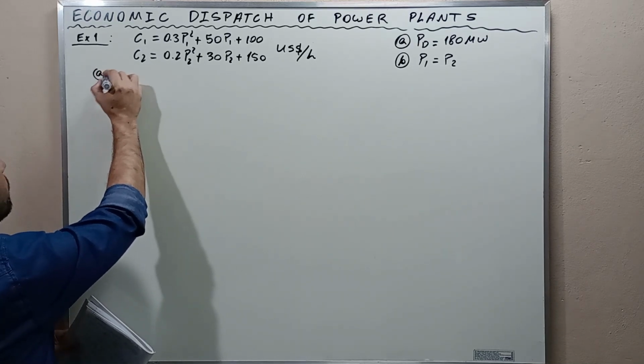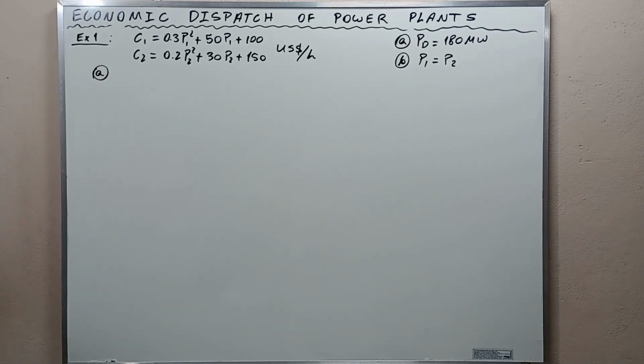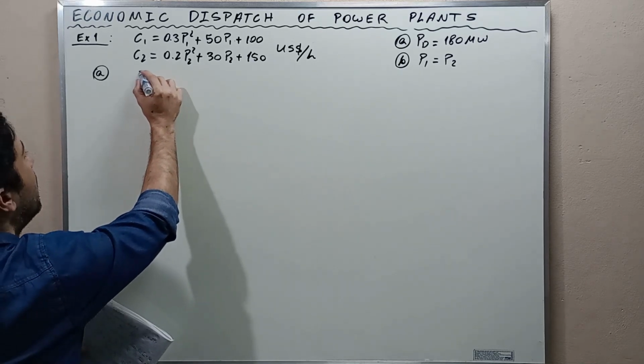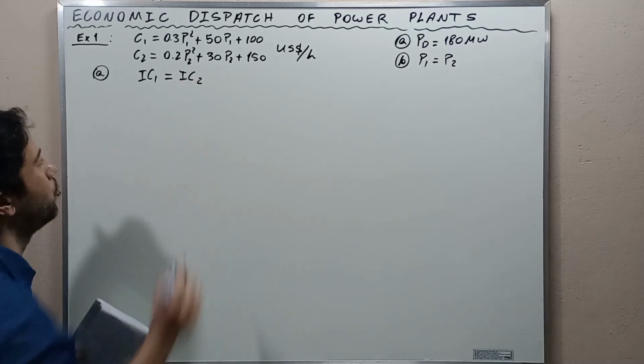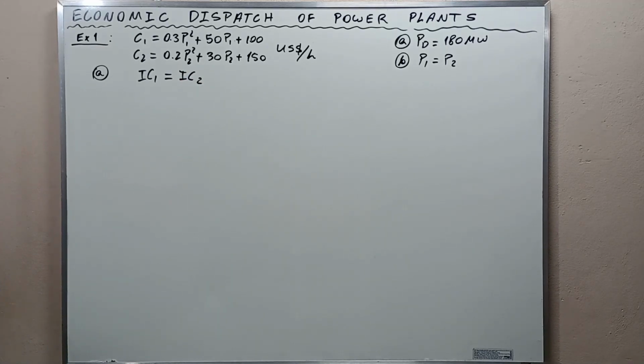We are going to begin with letter A. For economic dispatch, as we saw, the incremental costs of each generating unit have to be equal, okay? That is, IC1 has to be equal to IC2. They must operate with the same incremental cost.